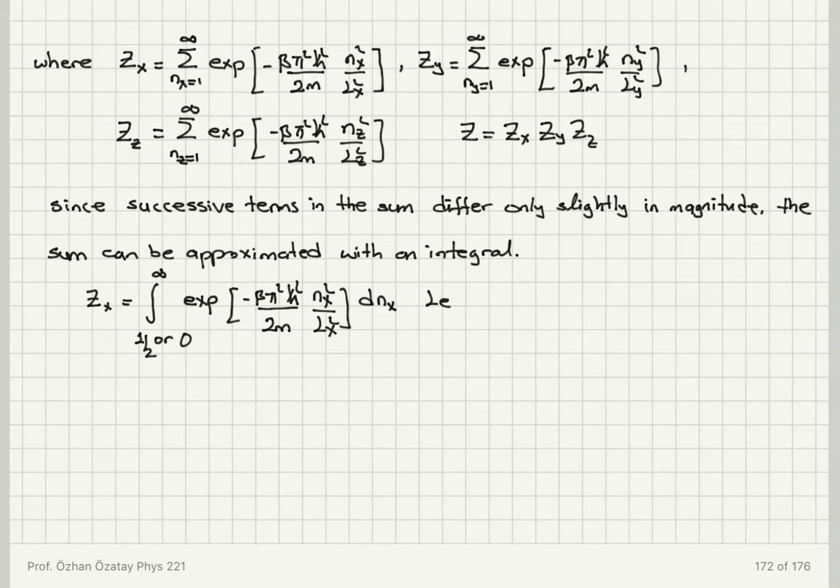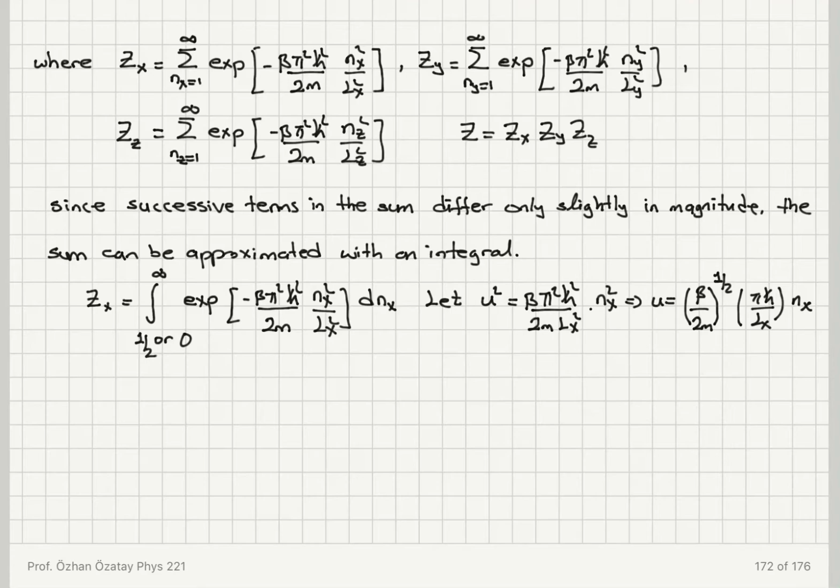And basically I'm going to make a transformation of variables. I will go to u squared, so I'm going to define u squared as beta pi squared h bar squared divided by 2m Lx squared multiplied by nx squared. So this is going to give me for u, beta divided by 2m to the power 1/2, pi h bar over Lx nx.